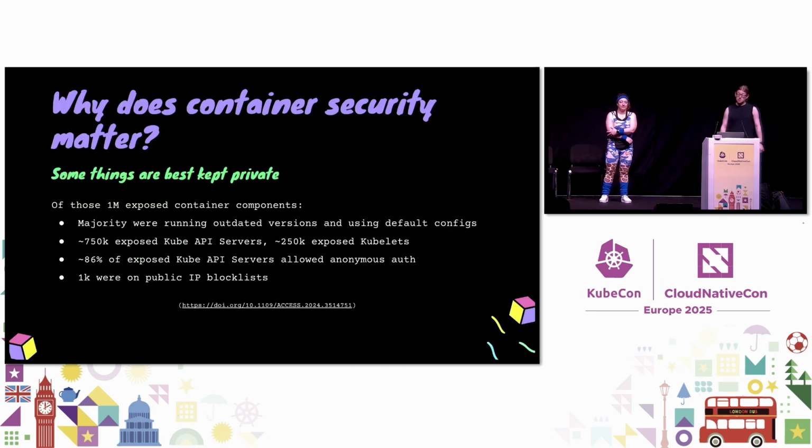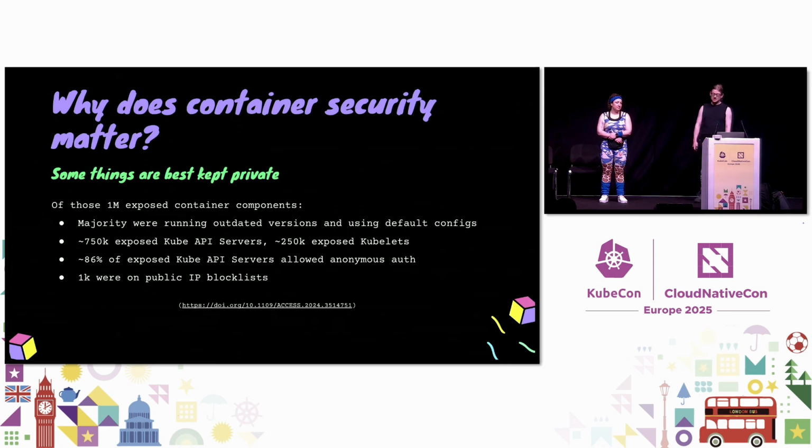Of those, the majority were running outdated versions and using default configs, which is a recipe for disaster when it comes to vulnerabilities. About 750,000 of them were kube API servers, 250,000 kubelets, and these are things that, by their design, are supposed to give you remote code execution as a service.